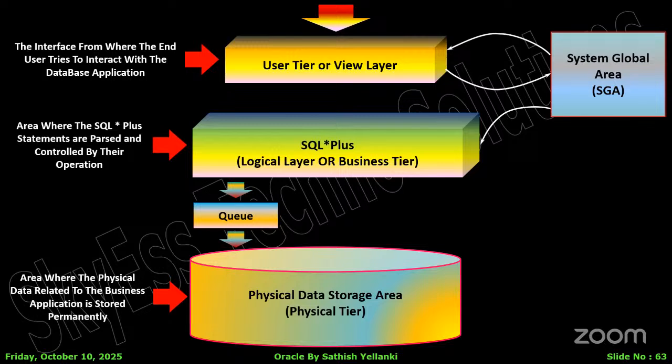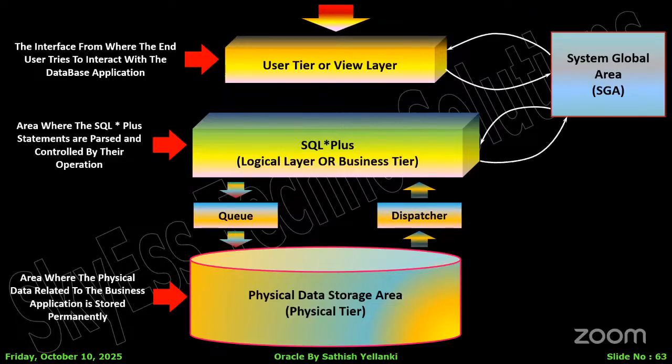Once the requested data is available in the physical storage area, Oracle releases the data through a special component called the dispatcher. Now, one very interesting fact is that this dispatcher does not send the data directly to the requesting user. Instead, it redirects the data to the SGA.